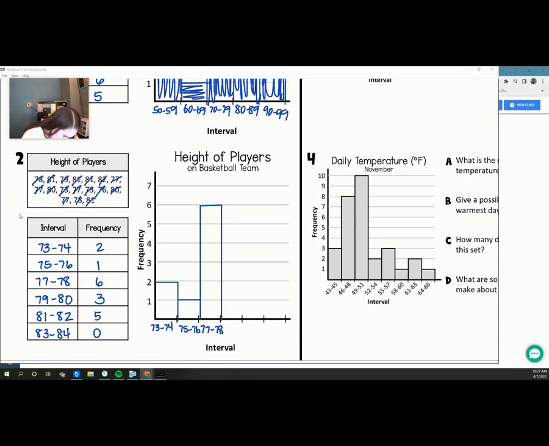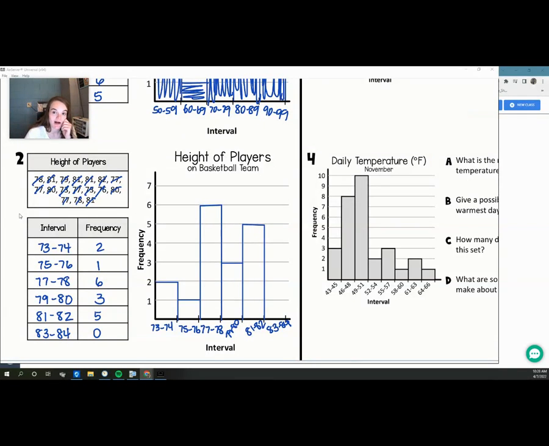I'm going to do it to the side here. 79 to 80, there's 3. 81 to 82, there's 5. And from 83 to 84, there's 0, so we don't have to put anything. So there's our histogram.